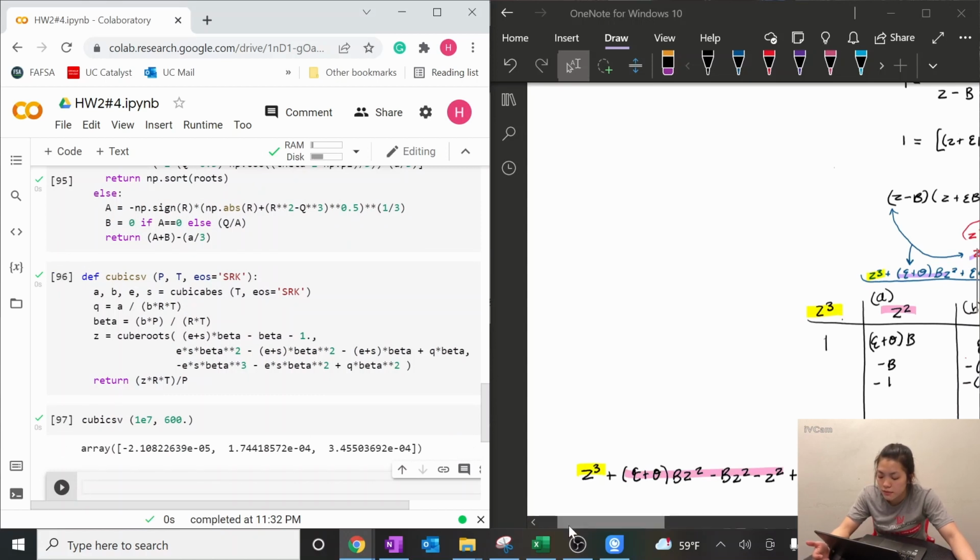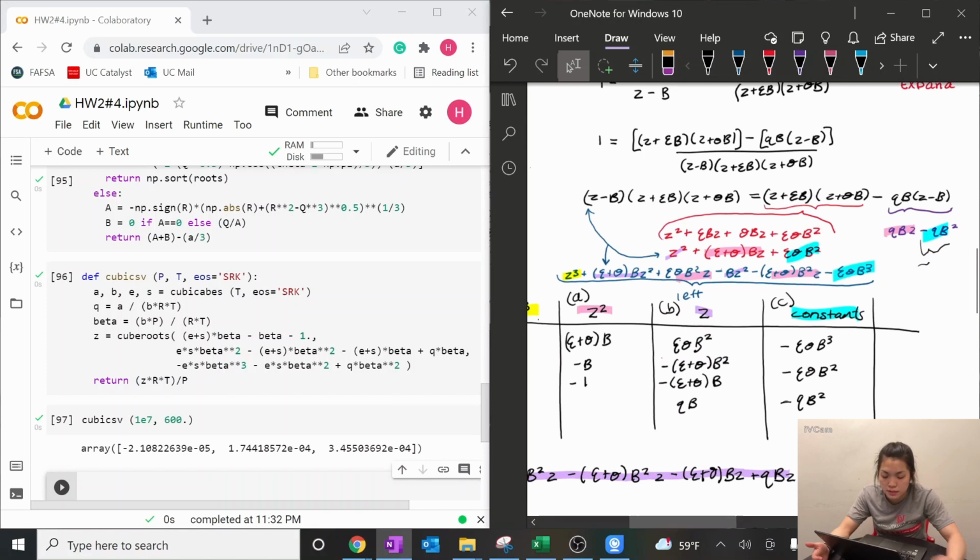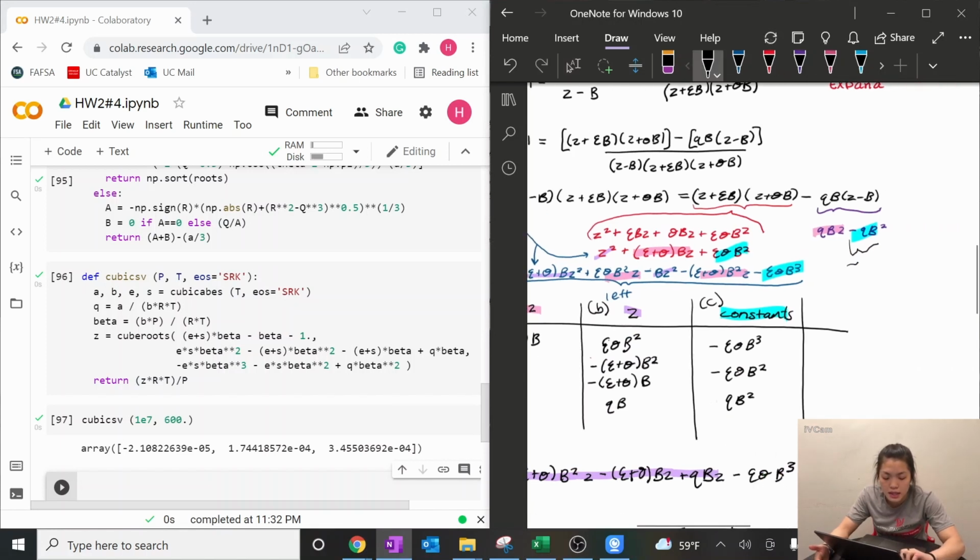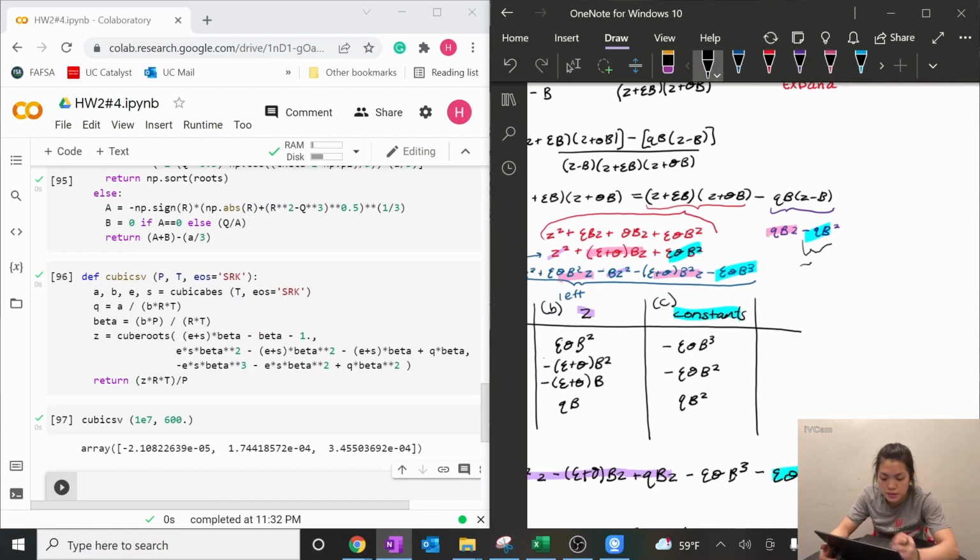So I went back even further to the equation that I had, and previously I had it like this. So what had happened was when I went to copy this negative q times beta squared into my chart, I had left out the negative sign. So this is actually a negative q beta squared, and so this would be minus.